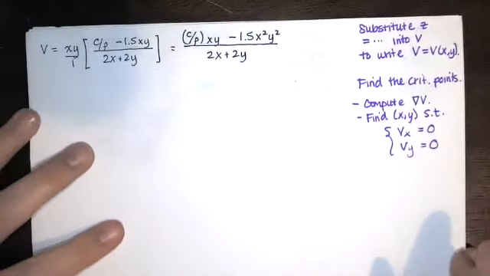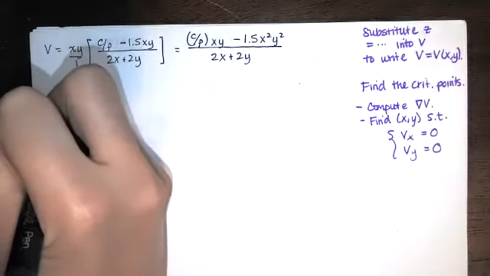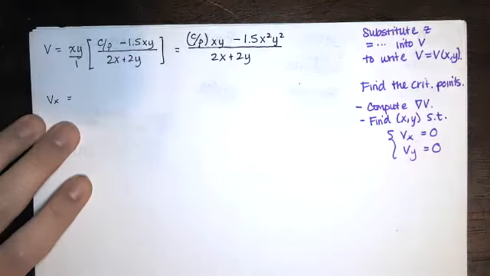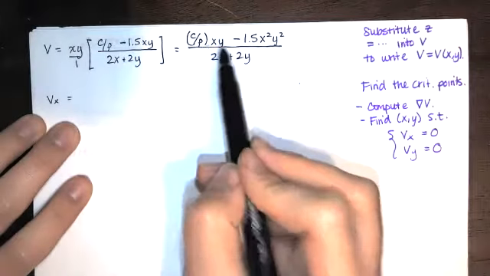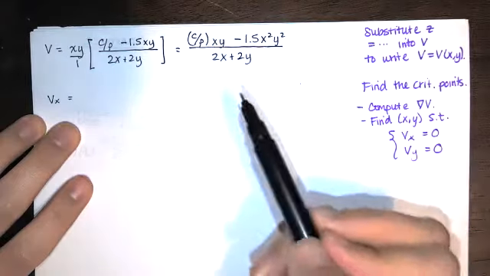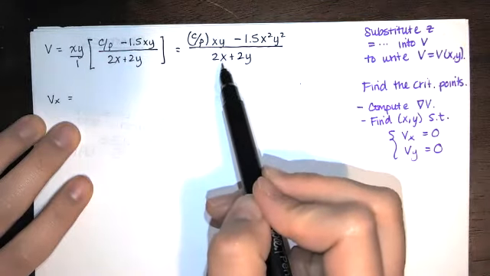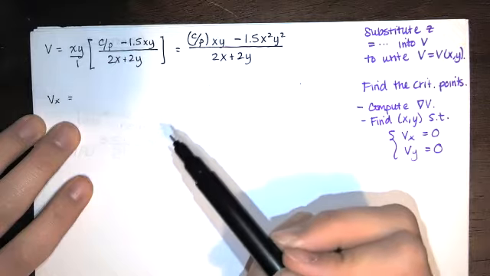Okay, so let's start by computing the gradient. Now notice we've got some symmetry here. If I replace x with y, instead of xy I'd have yx, but that's the same thing. If I replace x with y here, I'd have the same thing, and down here as well.